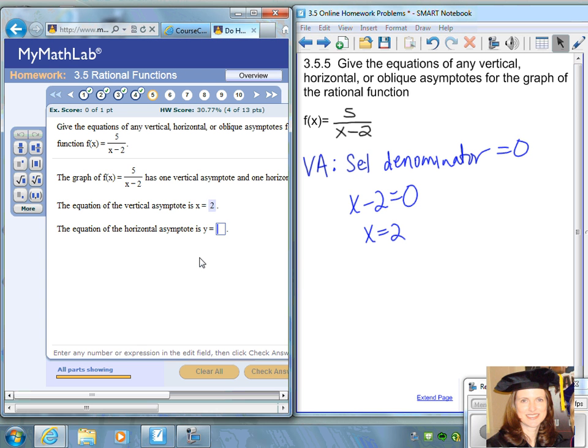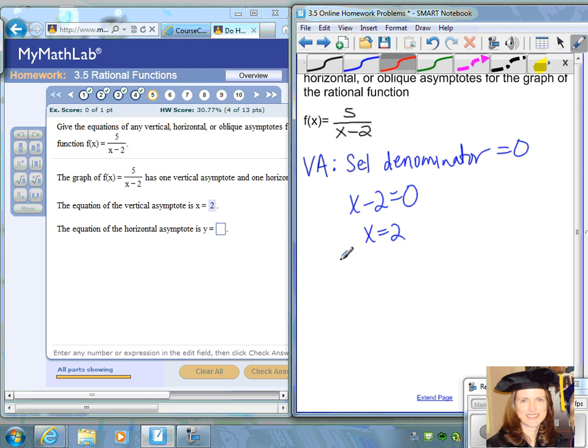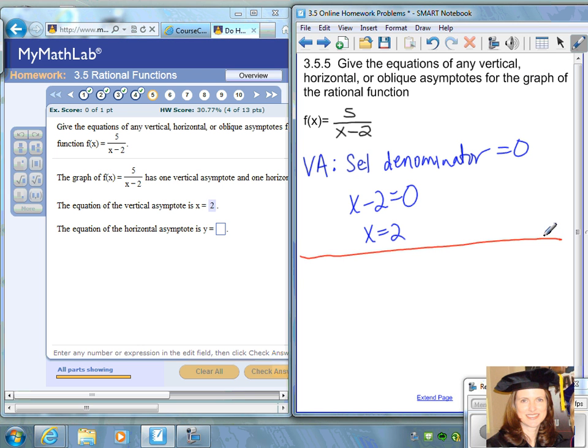Now this also has a horizontal asymptote. Go back and review those notes I mentioned about finding horizontal asymptotes. What you need to do is look at the degree of the numerator and compare that to the degree of the denominator.